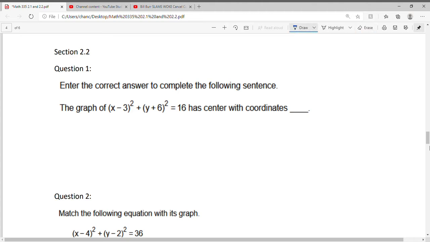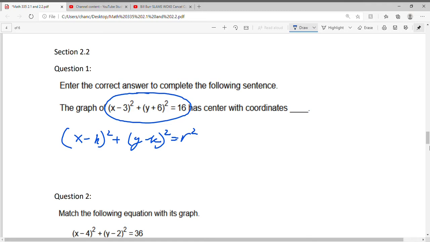The first thing we need to do is compare it to the center-radius form for a circle, and that is equivalent to (x − h)² + (y − k)² = r². So I could rewrite this so we could read off the center (h, k).